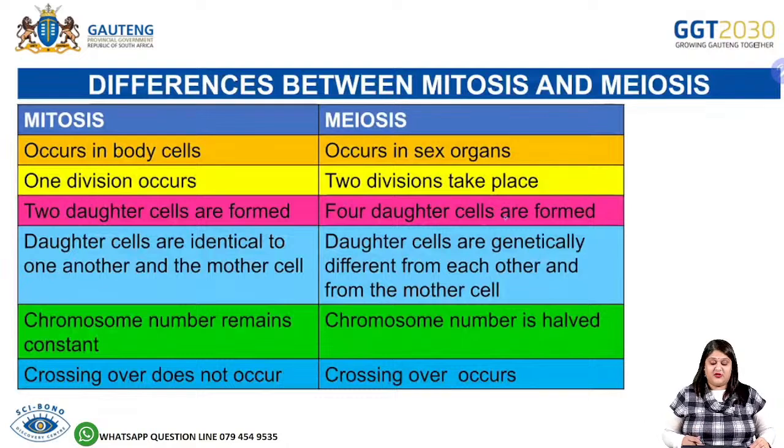And in mitosis, the chromosome number remains constant, and in meiosis, the chromosome number is halved. In mitosis, crossing over does not occur, and in meiosis, crossing over occurs. Okay, so those are the ones that you need to know.